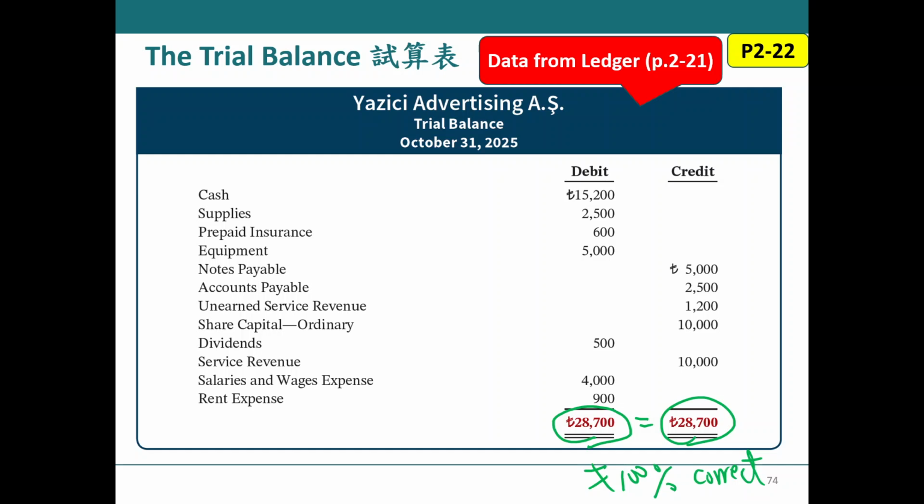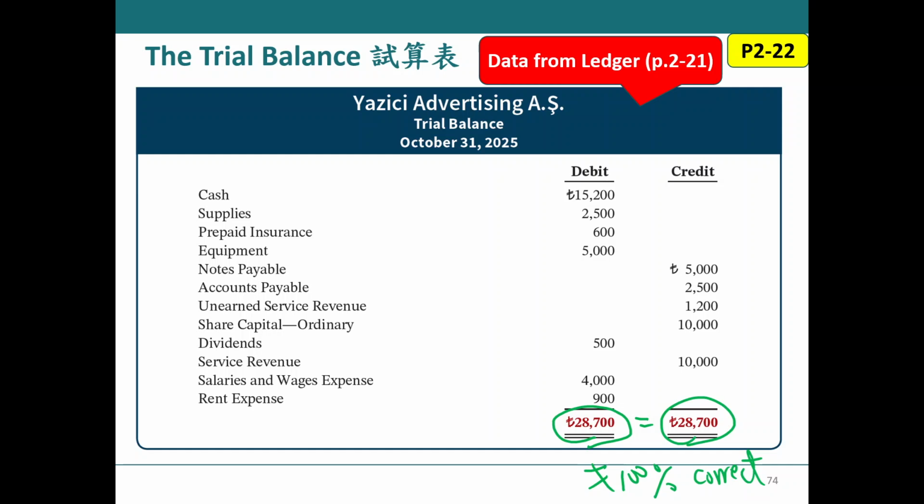Impossible, right? Can I assure you, can I promise you, oh, no problem, 100%? Impossible, because sometimes you have some accident or some surprise come out, right? So nothing is 100%. So even though we got total debits equal to total credits, we still cannot make sure it's 100% correct.